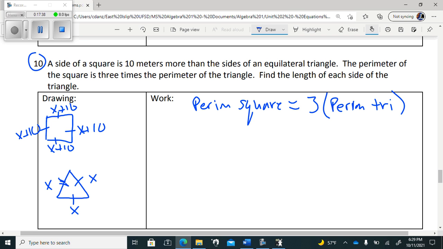The square is x plus 10 plus x plus 10 plus x plus 10 plus x plus 10. I hope you agree with me that I could just do x plus 10 times 4 instead of writing x plus 10 plus x plus 10 plus x plus 10 plus x plus 10. So I'm going to write it like this and do the distributive property.